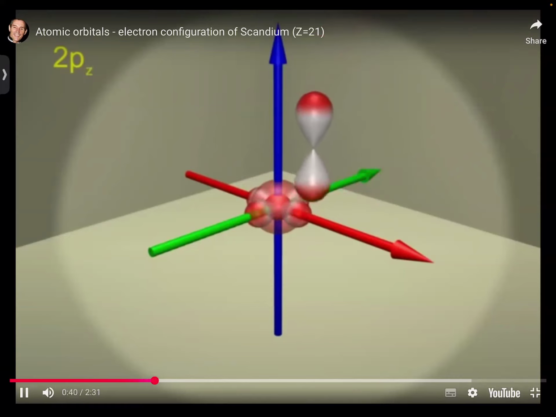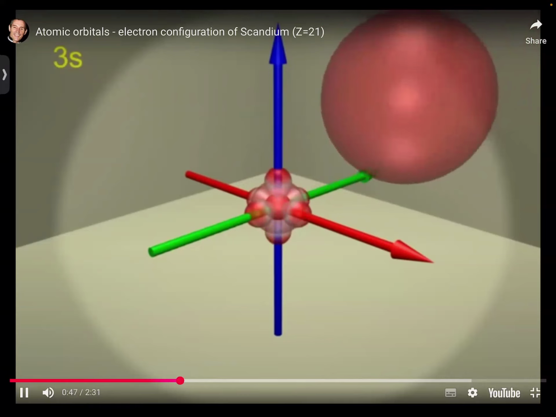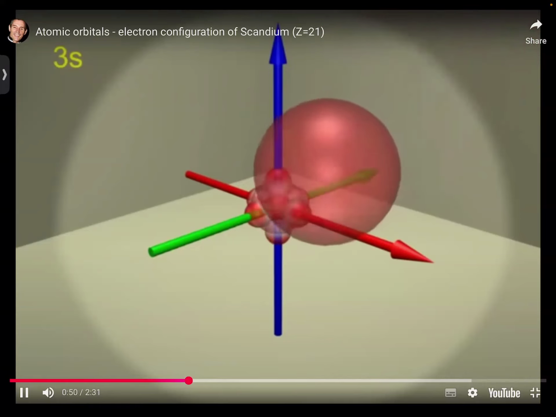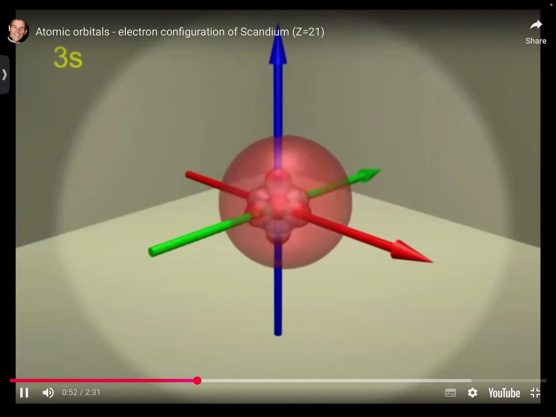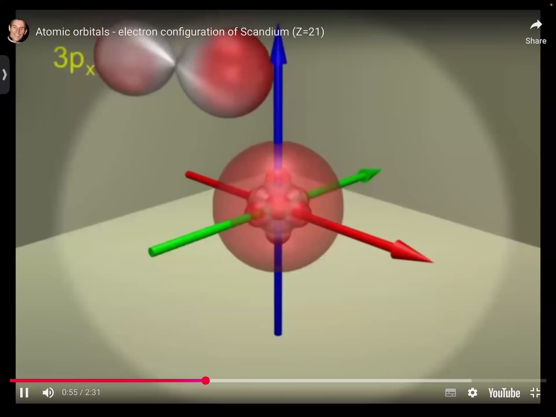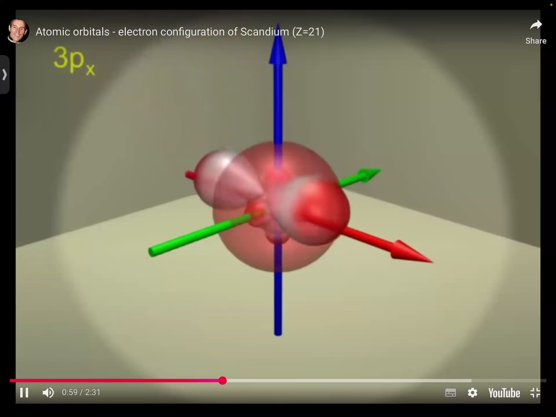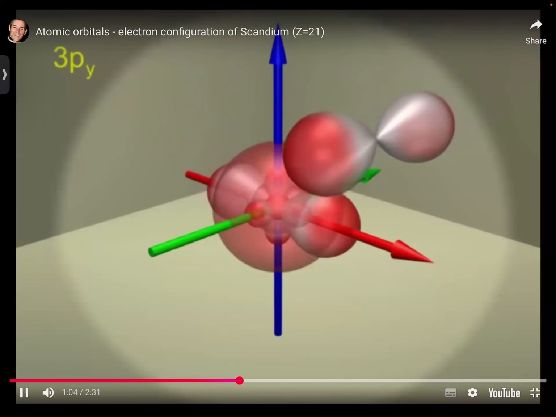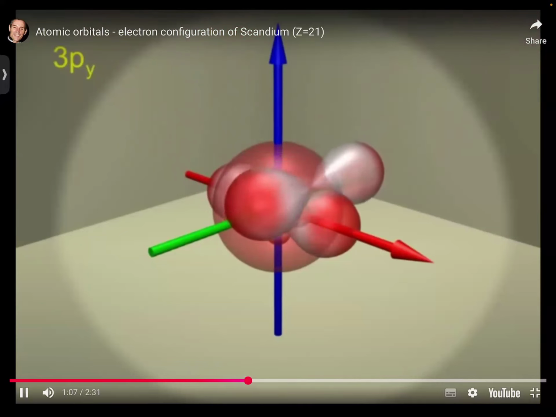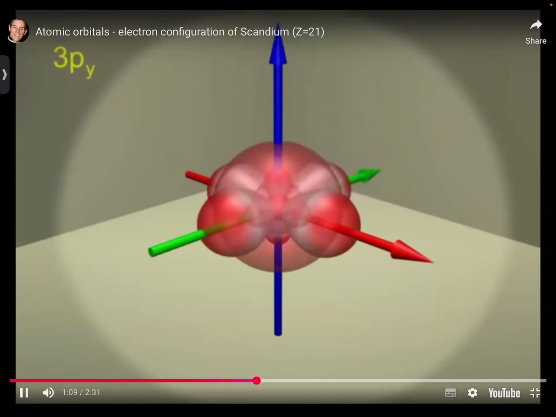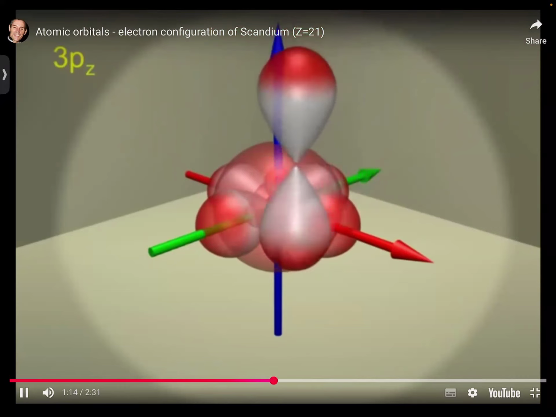Then 2pz. The 2px, 2py, 2pz are all at the same energy, the same distance from the nucleus, 2p. Now 3s, far. And now look, 3px, 3py, and 3pz. And after 3p, we are expecting 3d, but it's actually 4s.